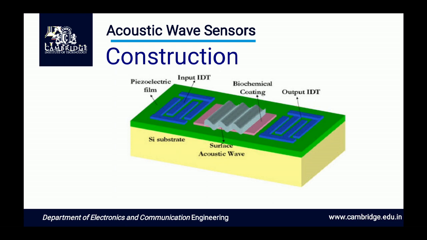The input IDT is on one side of the surface and the output IDT on the other side of the substrate. The space between the two IDTs is called the delay line. It is so called because the signal or mechanical waves at this point move much slower than the electromagnetic form, causing appreciable delay.